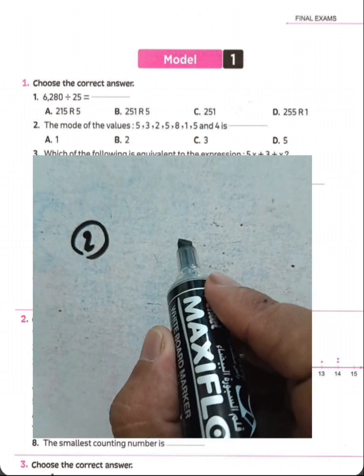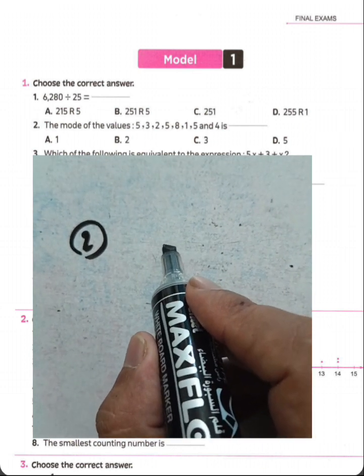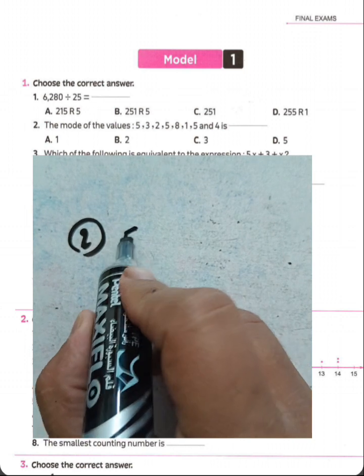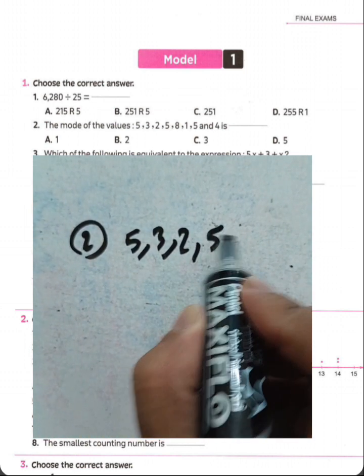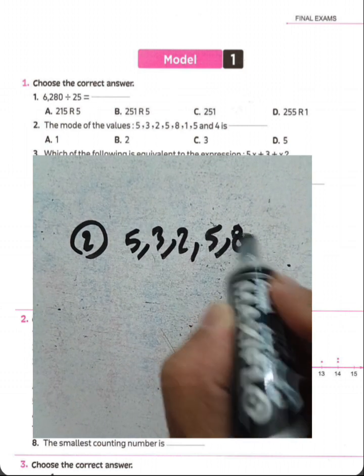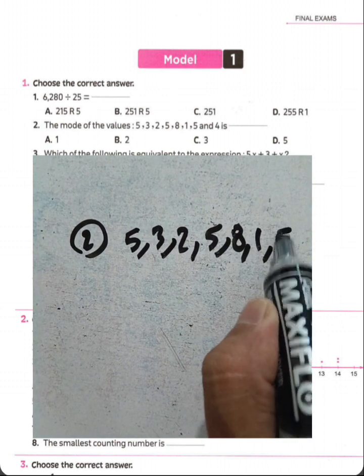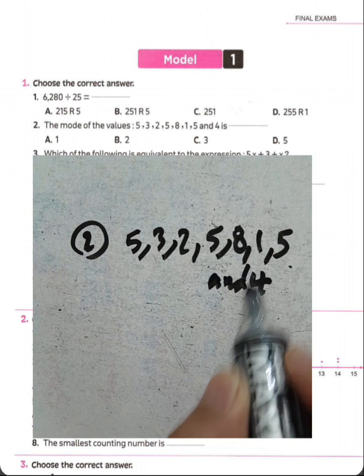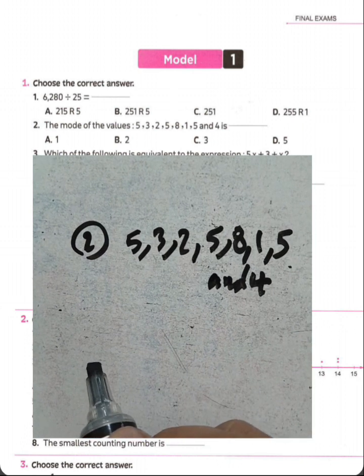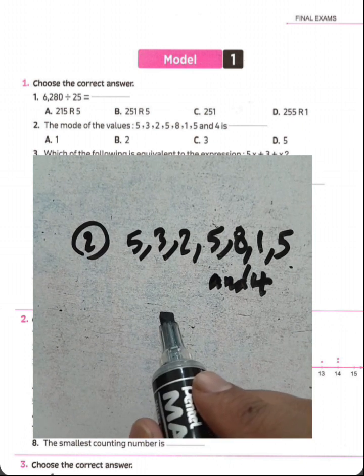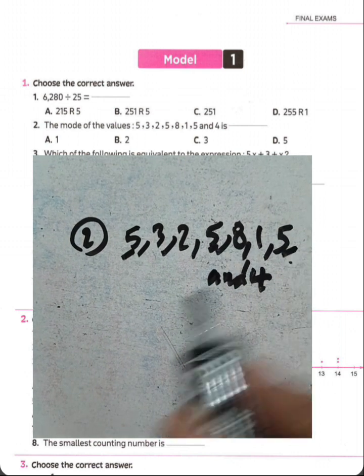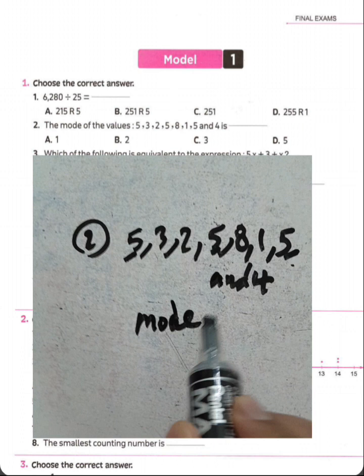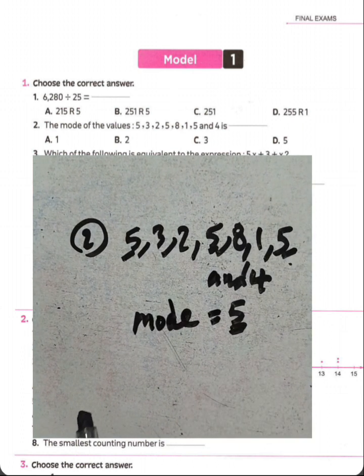Then the mode of the values here will be 5. Okay, choose letter D. Then the mode will be equal to 5.